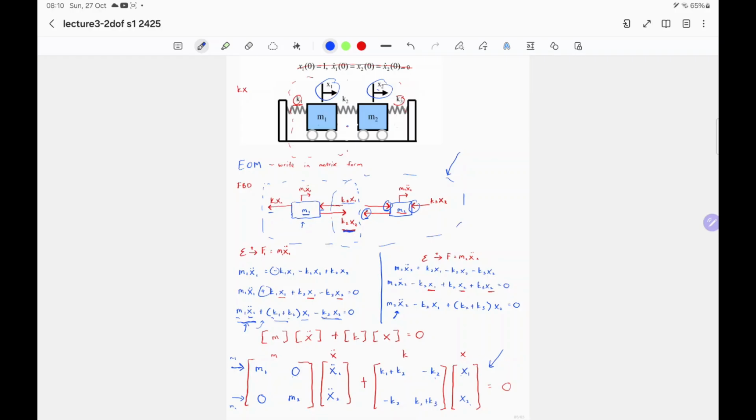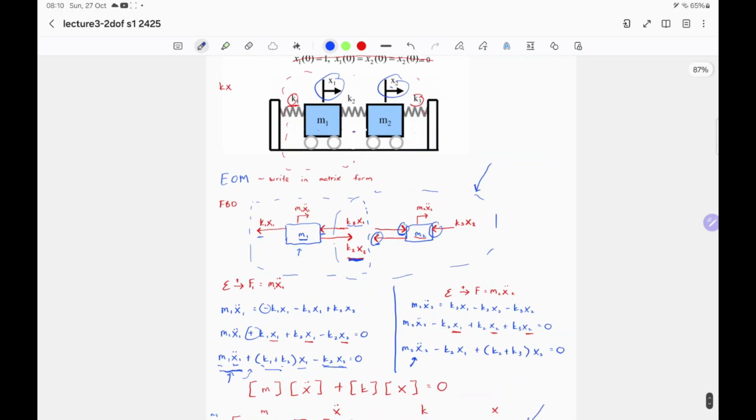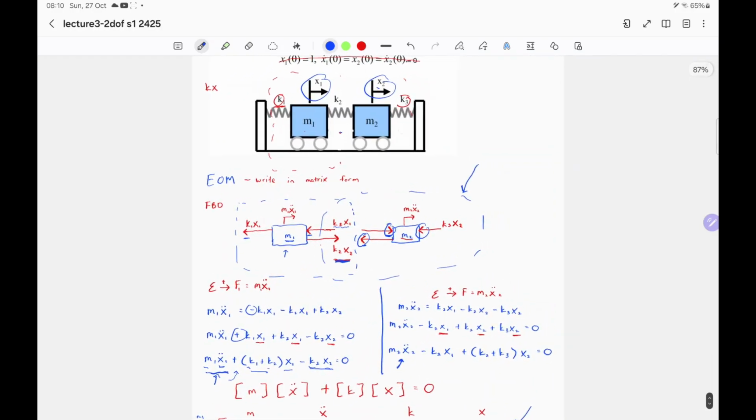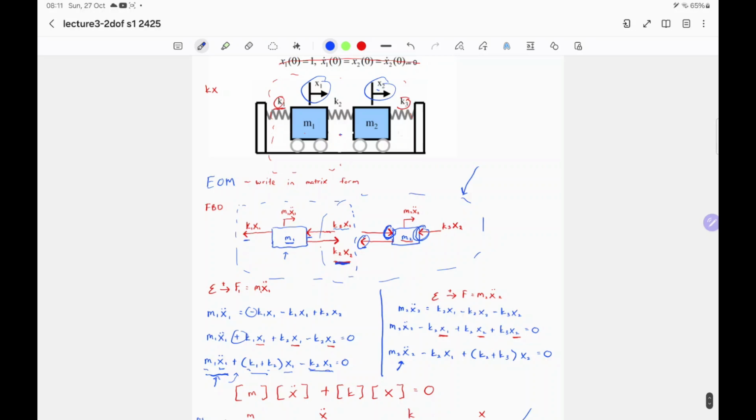The rule of thumb is that to determine the right hand side or left hand side, you look at the motion or the direction of the mass.